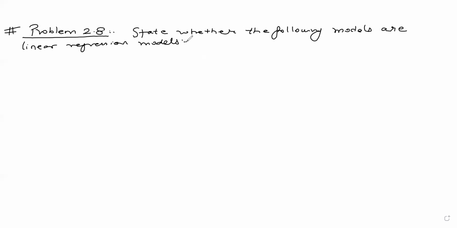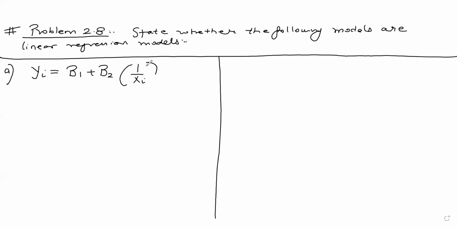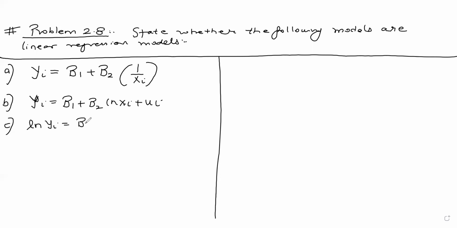We need to find out whether they are linear regression models. So again, I'm drawing a table where I'm writing the parts on one side and the answers on the other side. So we are given some regression models. Let me write all of them first of all, and then we can answer all of them collectively. So these are all the models given to us.